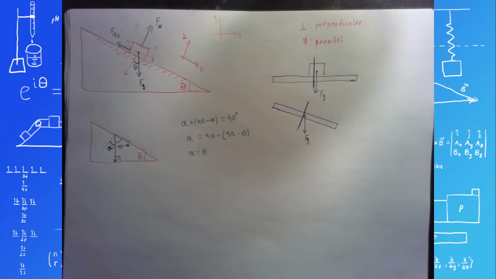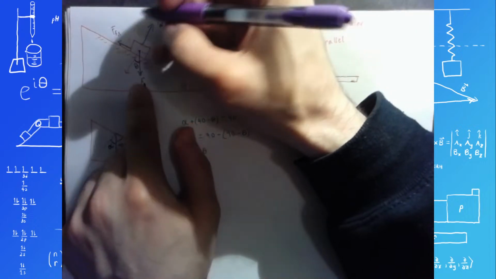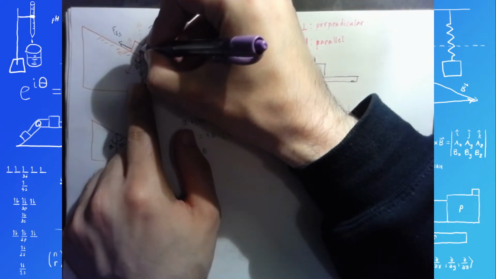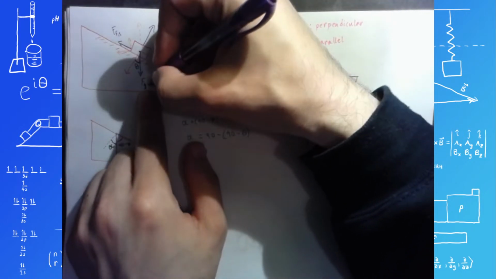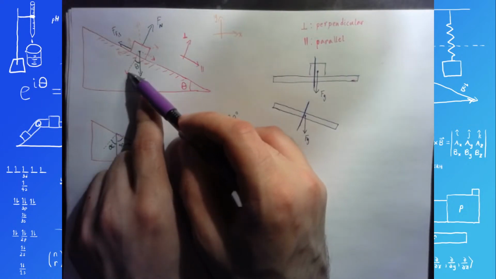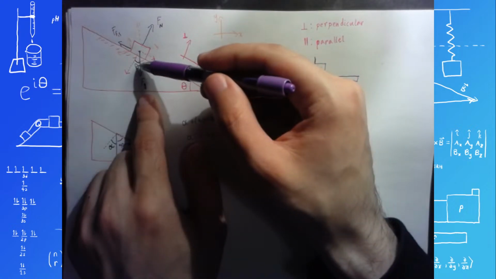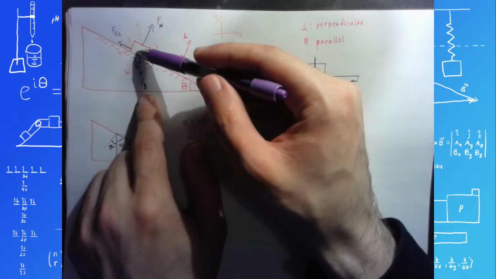But yeah, that gives us the recipe that we need to break our gravitational force into components. So now all that's left is to actually write out what these components are going to be. This component is adjacent to my angle theta over here.